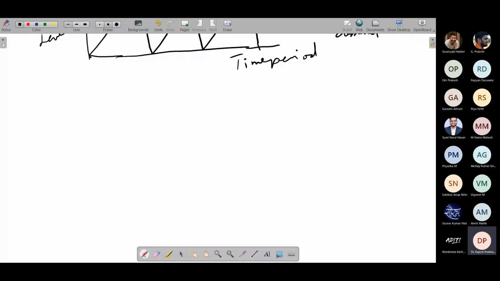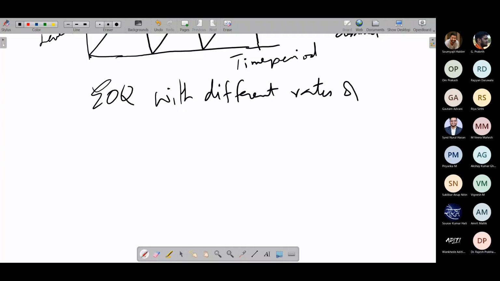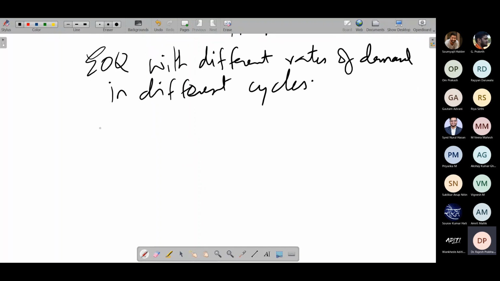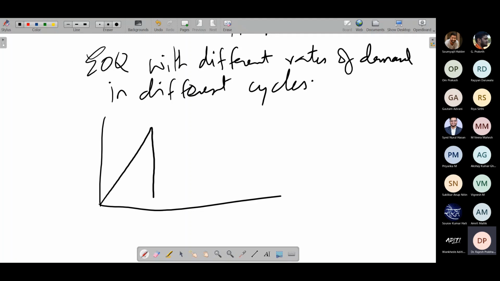So now let us look at EOQ with different rates of demand in different cycles. So the economic order quantity with differential demand. Let us say this is our first time period cycle. Then we have a short cycle. Then we have a large cycle like this.